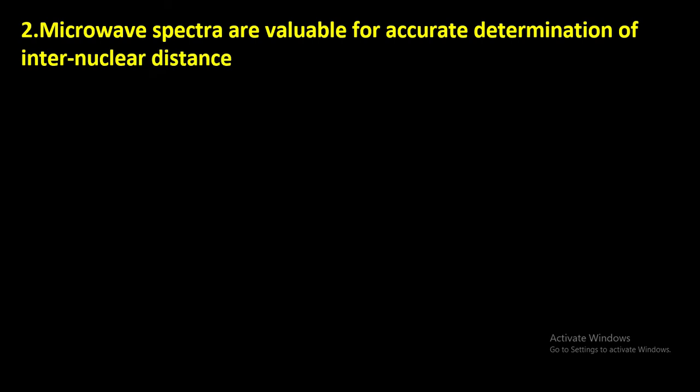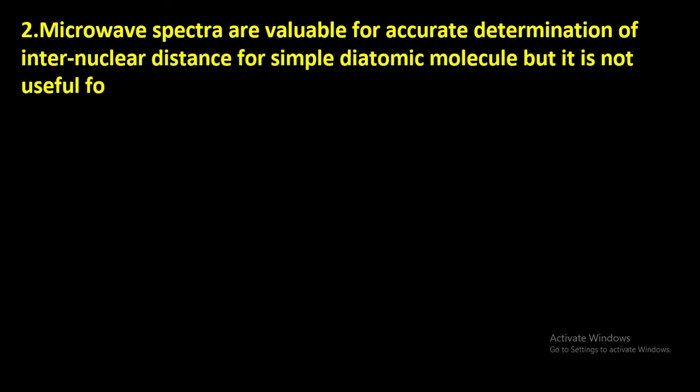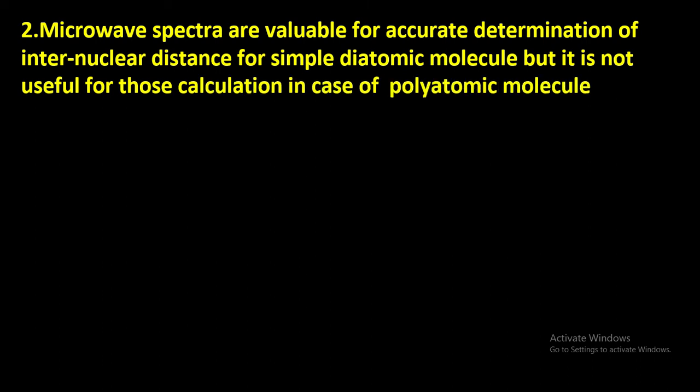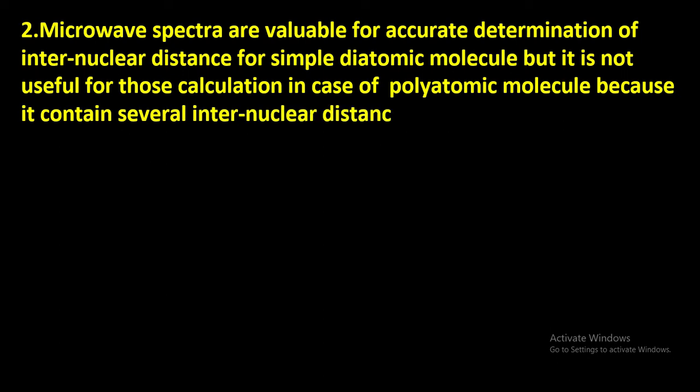Microwave spectra are valuable for accurate determination of internuclear distance for simple diatomic molecules, but it is not useful for such calculations in the case of polyatomic molecules because they contain several internuclear distances.